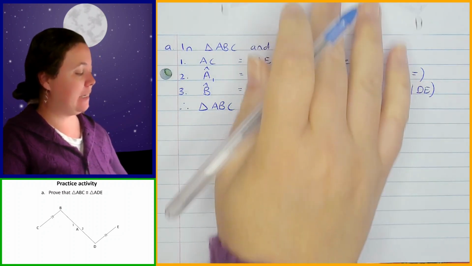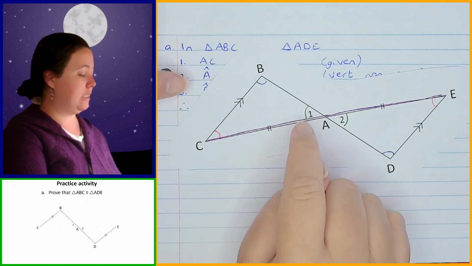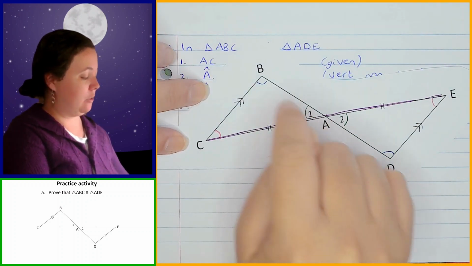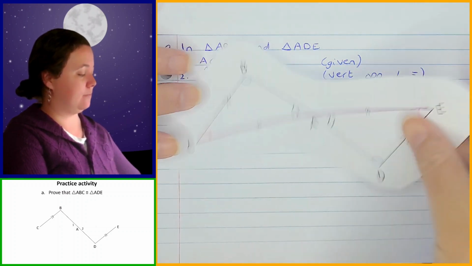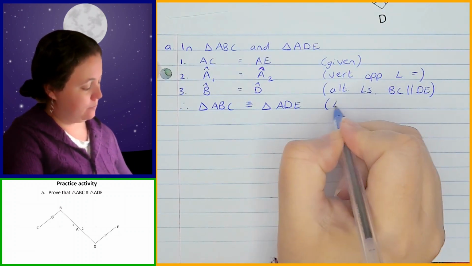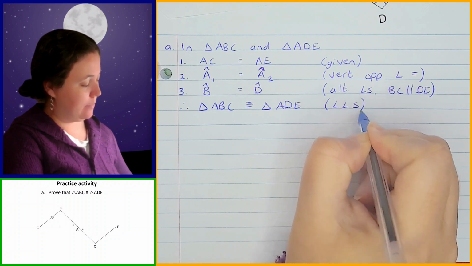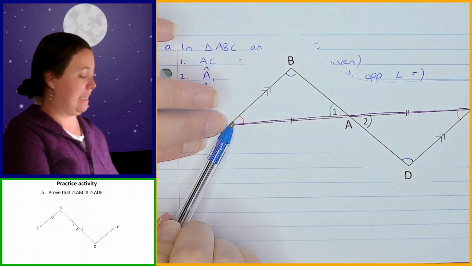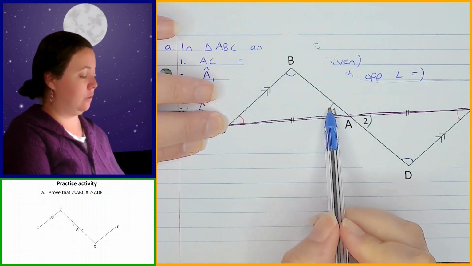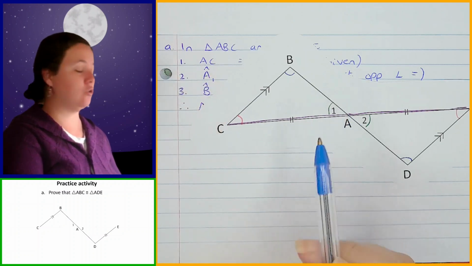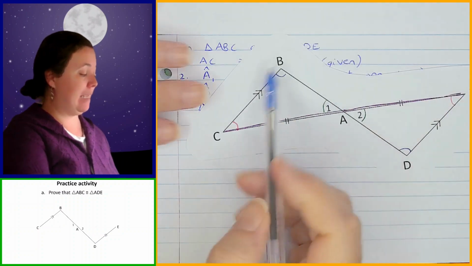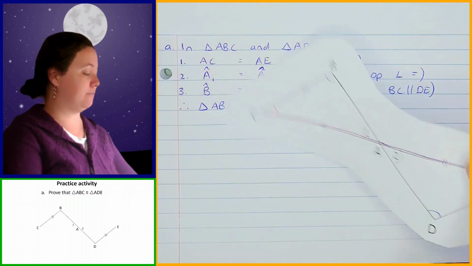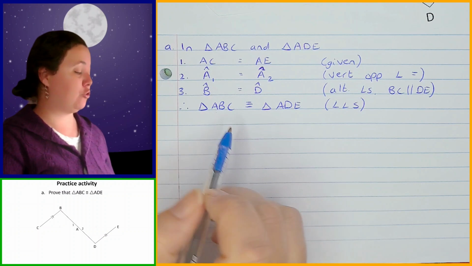And the reason that I can say that: I used this side and that angle and that angle, so it's going to be angle, angle, side. If I had used this angle and that side and that angle, I would have done angle, side, angle. But it doesn't really matter because I could do any two of the three pairs of angles. Okay, so now I've proved that those two triangles are congruent.